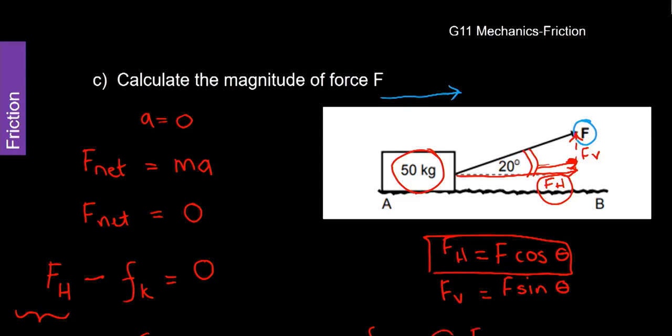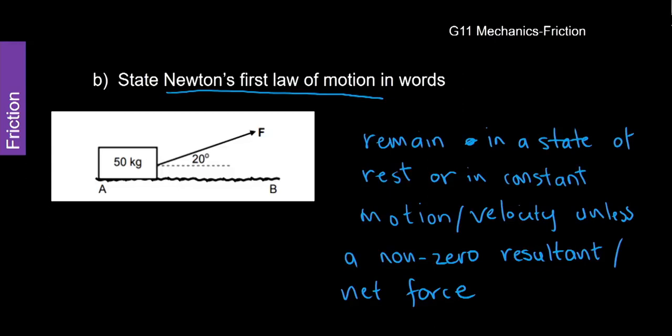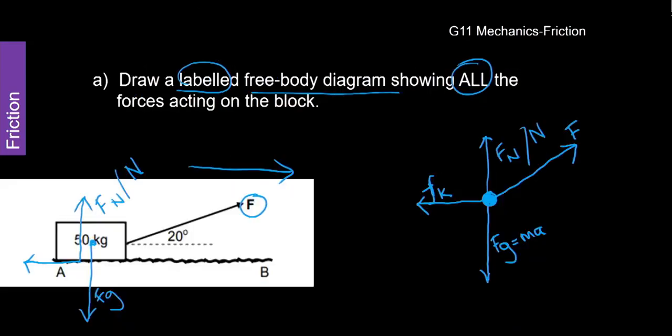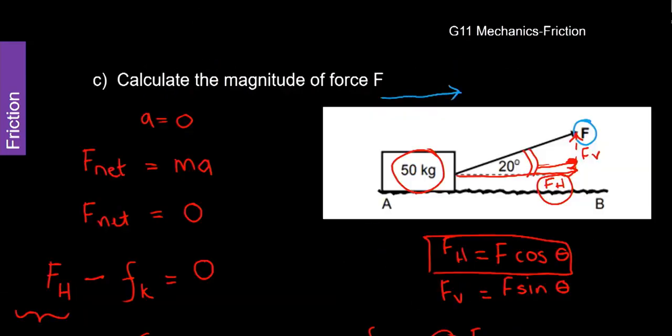Do we have mu? Yes. They've given it to us. I think they gave it to us, let me look back. I think they gave it to us as 0.4. Oh, there we go, 0.4. Okay, they've told us already it's 0.4. Do we have the normal force? No, we do not. So this is the tricky bit. So now we've got to figure out what is the normal force.